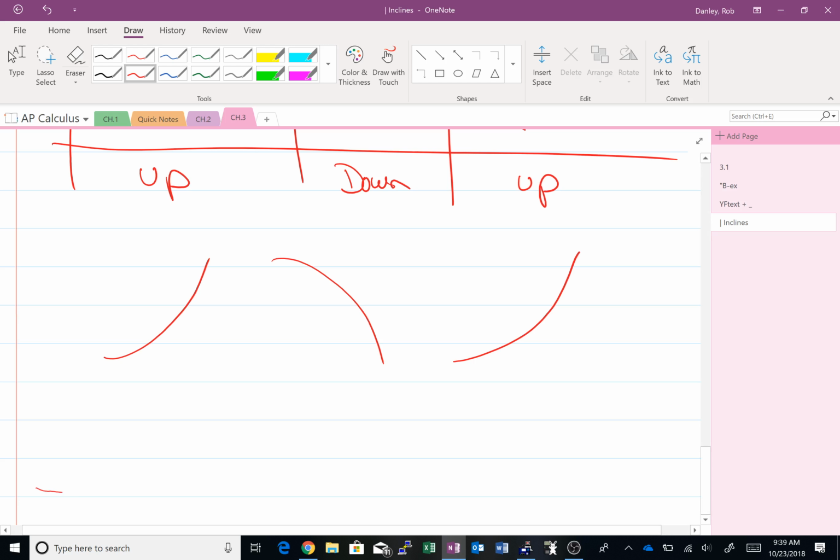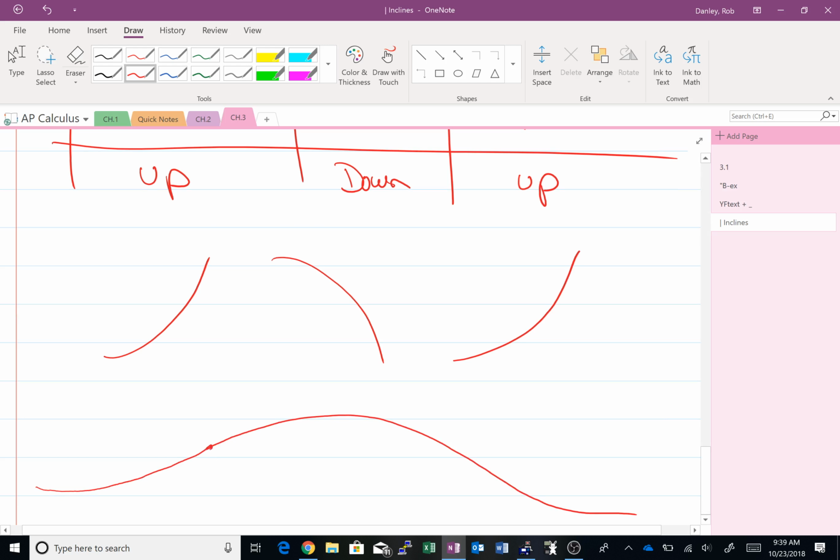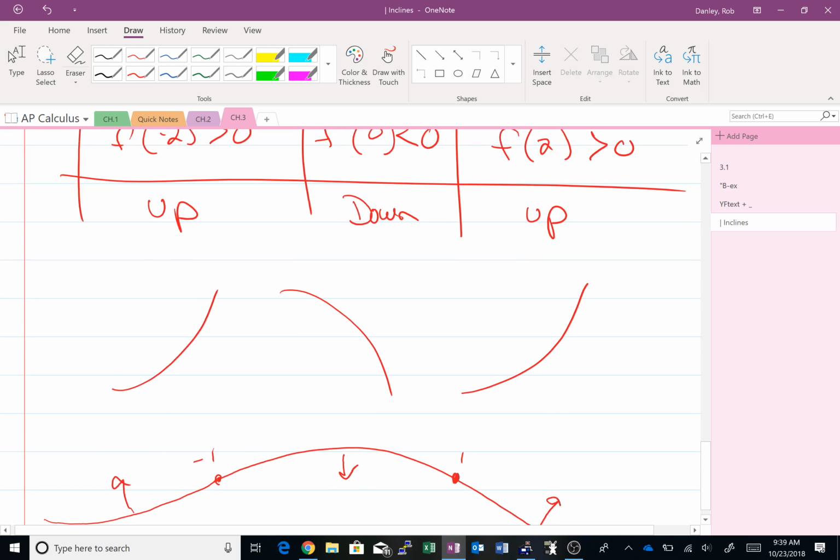This could be it. That could be my negative 1 and 1. So I'm up, down, and now I'm up. That could be negative 1. That could be positive 1. So there's a sample graph of that demonstrating there.